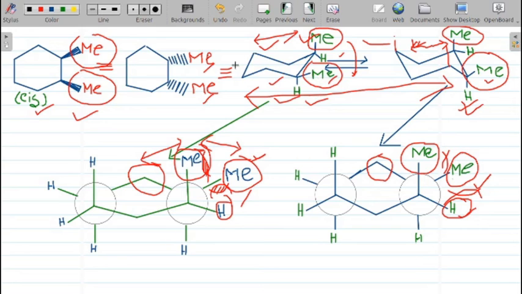This conformation is present at 50%, and the other chair conformation is also present at 50%.